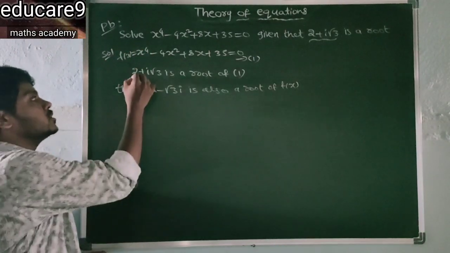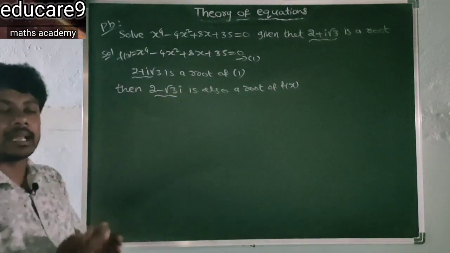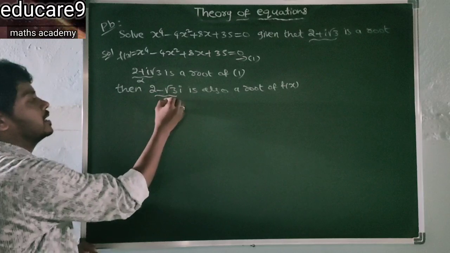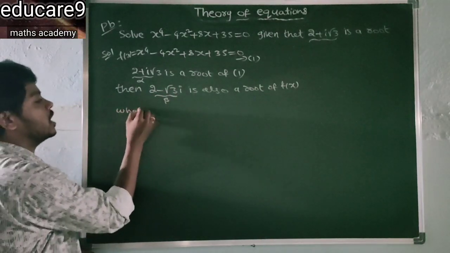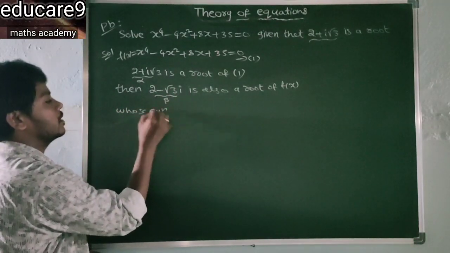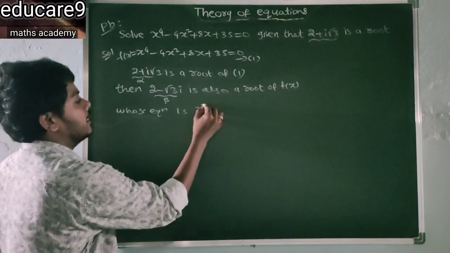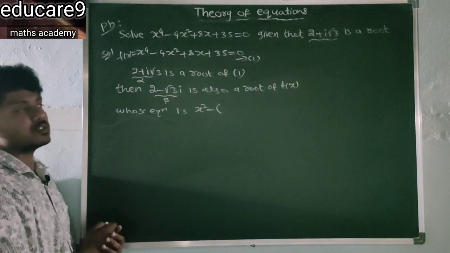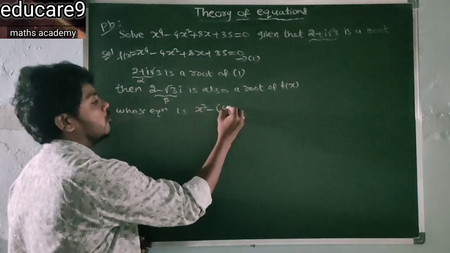Now using these two roots, you can write a quadratic equation. So this is alpha and this is beta. So what is the equation? x square minus (alpha plus beta) x. So add these two, what will you get? 4x.